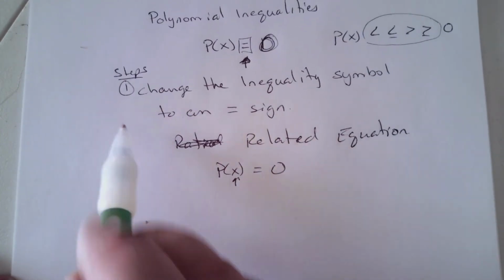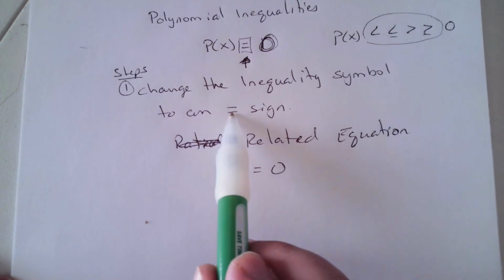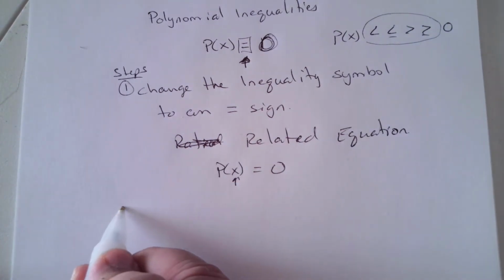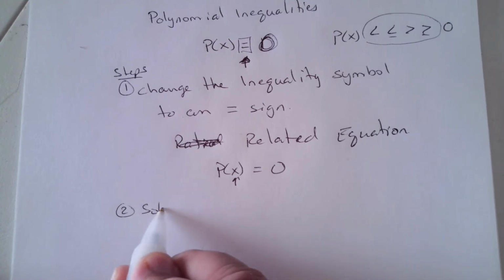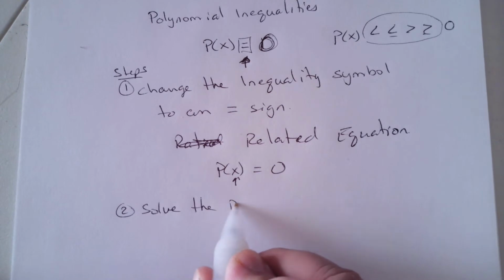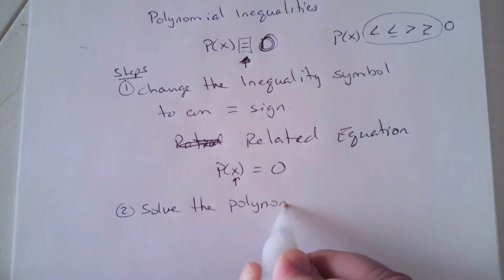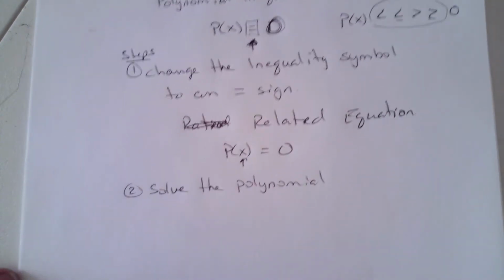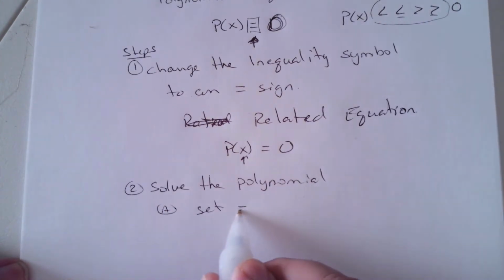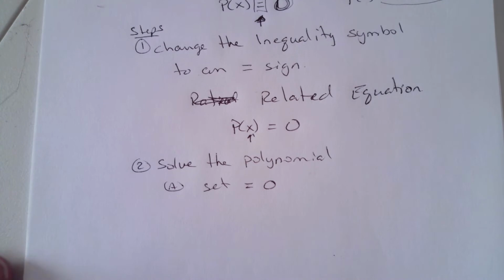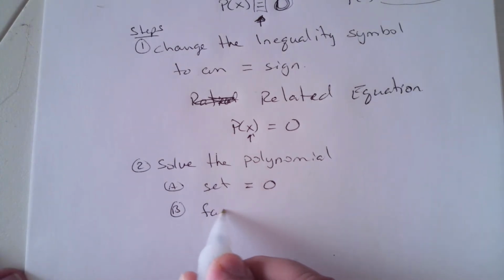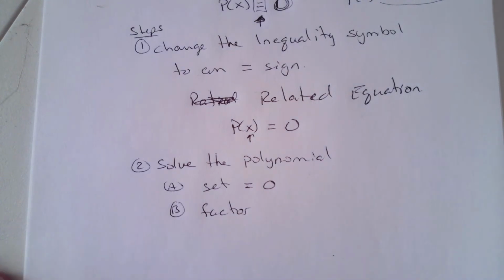So the first thing you do is convert the inequality to an equal sign. Solve the polynomial. The way you do that, set equal to 0 and find all the factors.